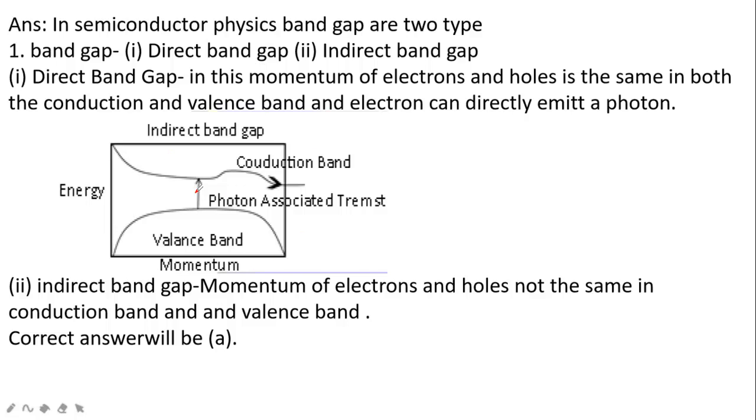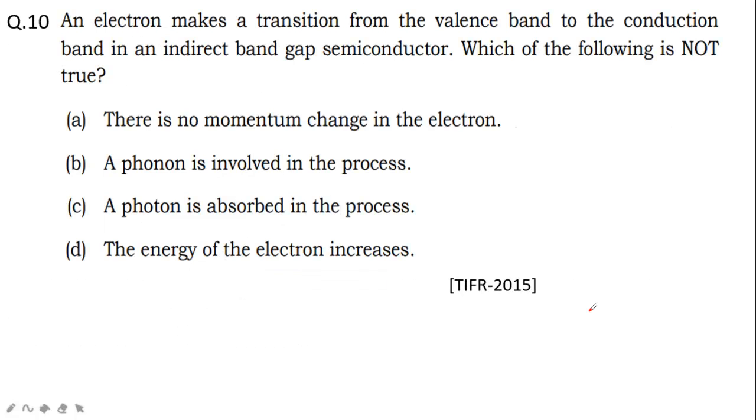It is not uniform. We are getting some band gap here, and again an increased band gap here and again a decreased band gap here. So the band gap is not uniform. That is why it is an indirect band gap. And in an indirect band gap, the momentum of electrons and holes is not the same in the conduction band and valence band. So momentum is not the same. So there is no momentum change. That is why option A is the right one.